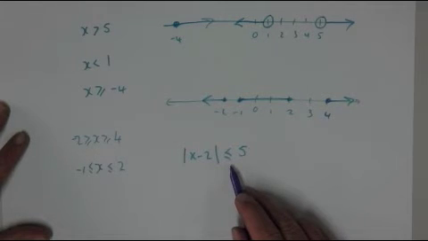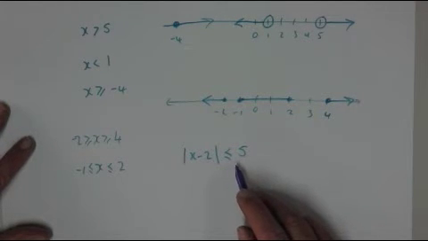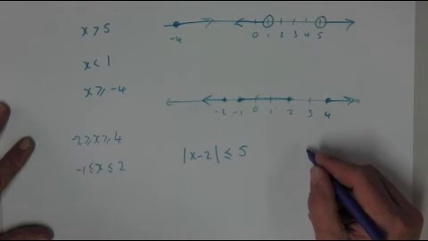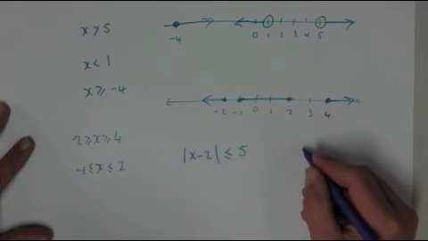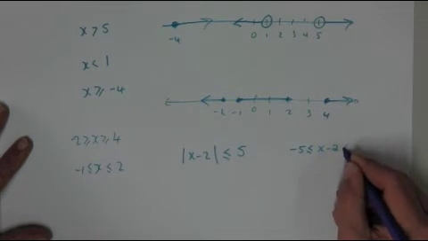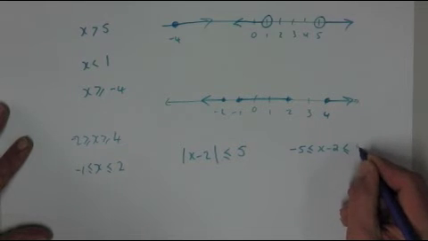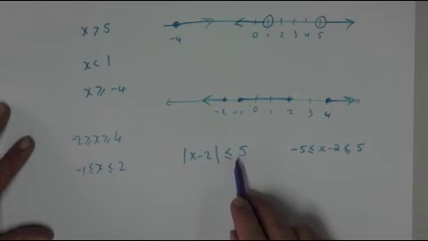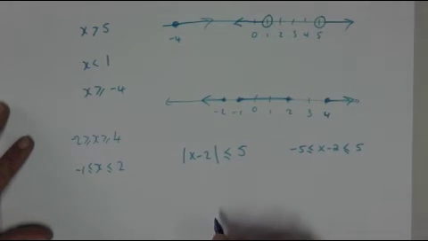Then again, I need to think about my two situations. So I need to basically think that my value, x take 2 less than or equal to 5, is going to be somewhere between -5 and 5. Because that would give me any values that were less than 5 when I apply the absolute value.